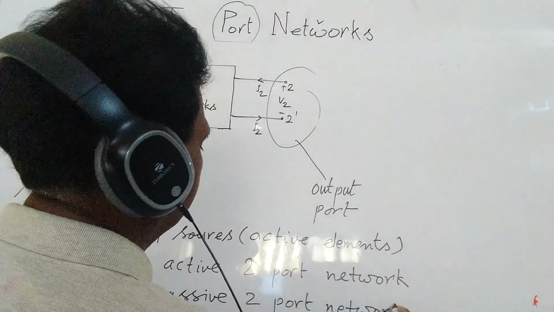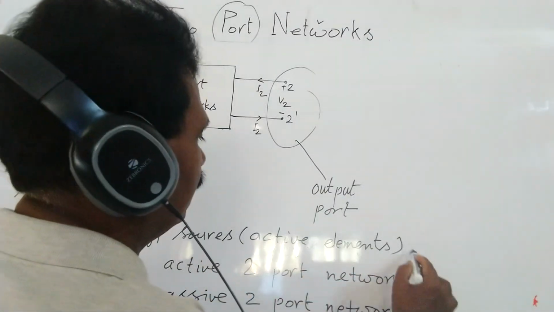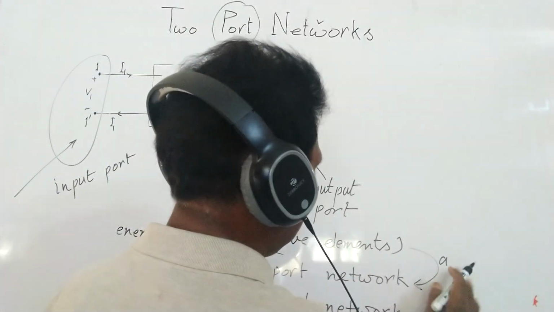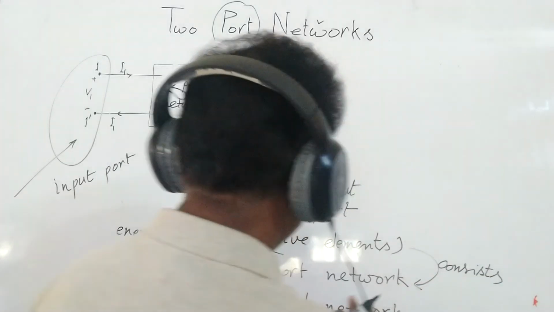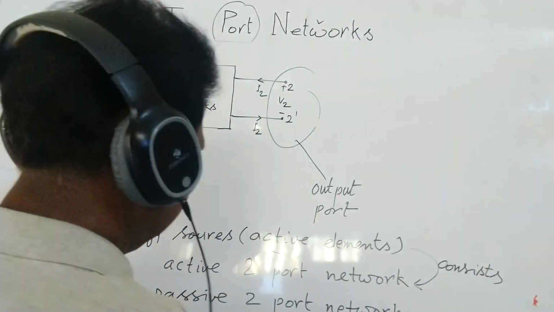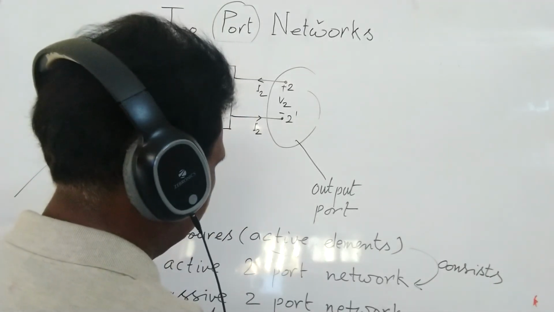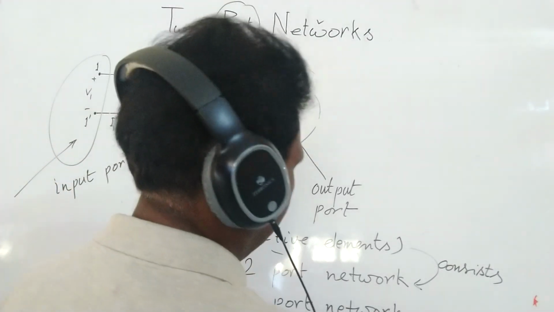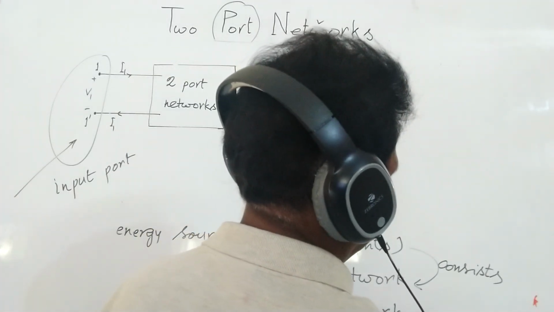What is the difference? An active two-port network consists of active elements, whereas a passive two-port network doesn't consist of any active elements.